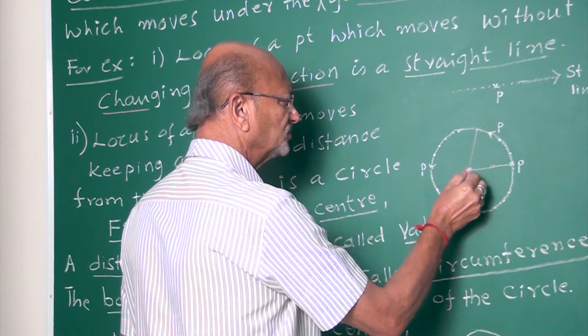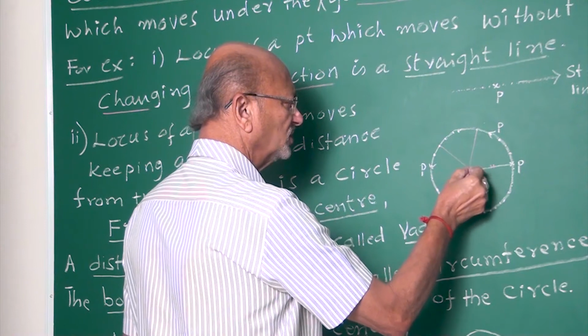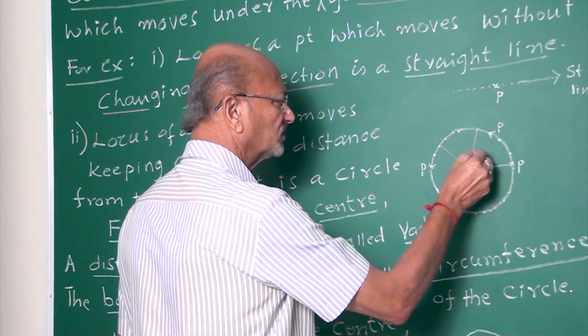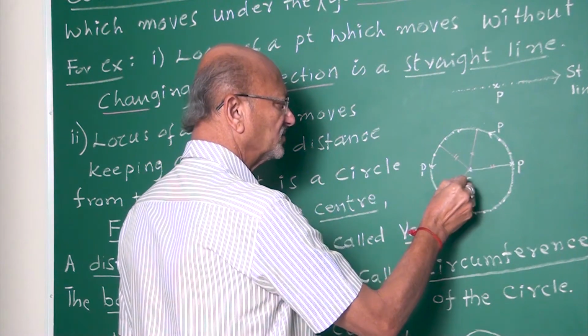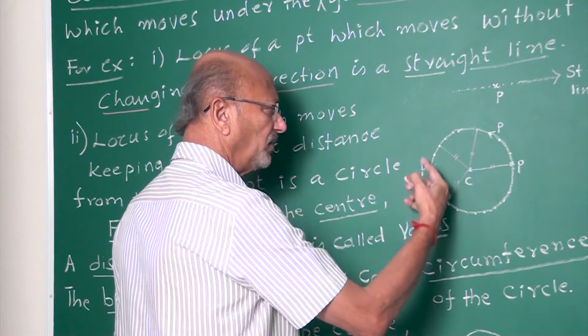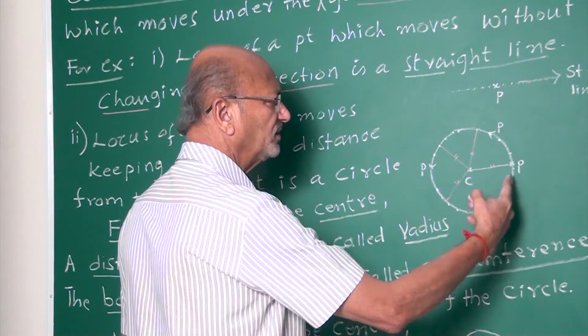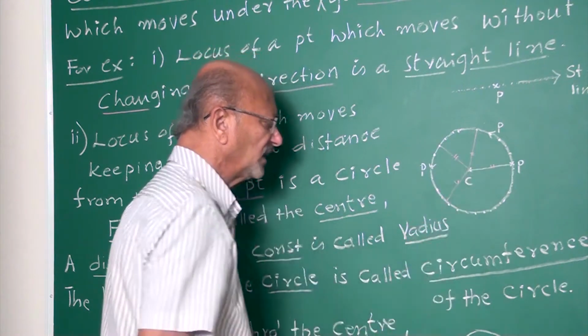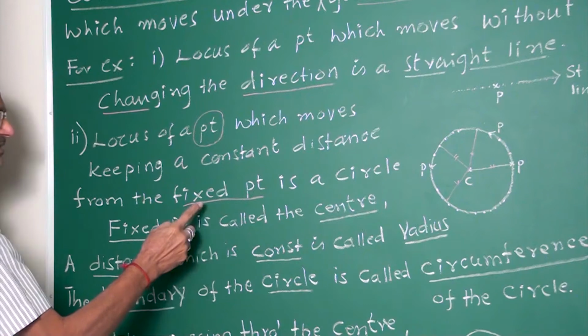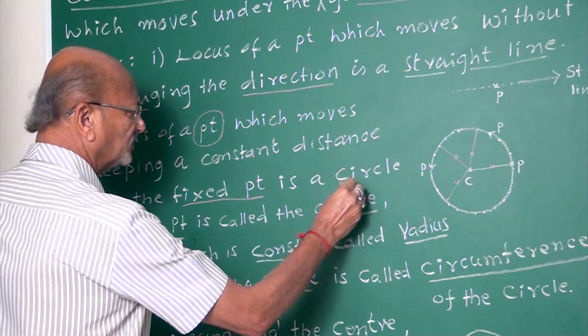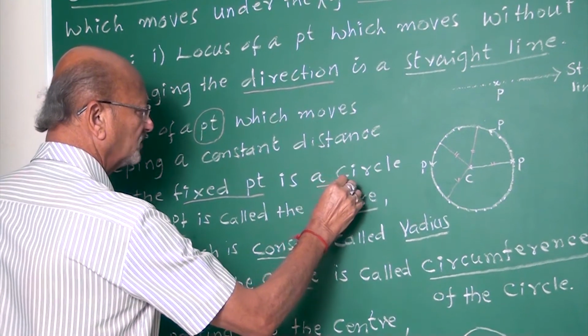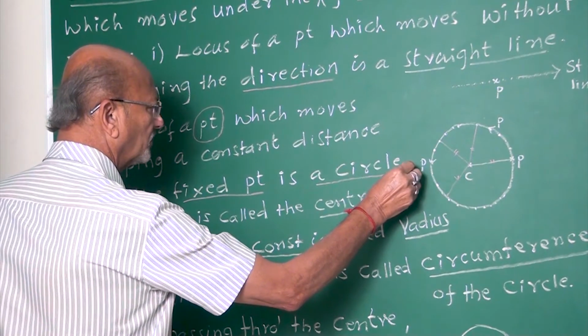Then the path traced, or the locus of such a moving point, is called a circle.